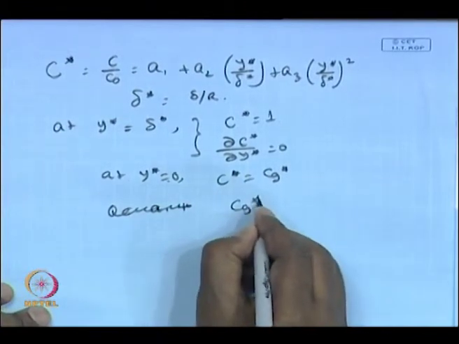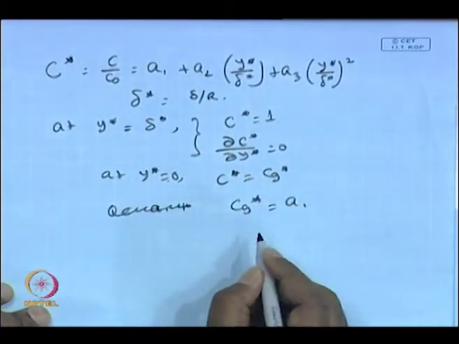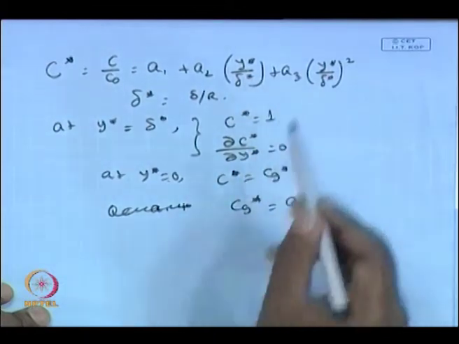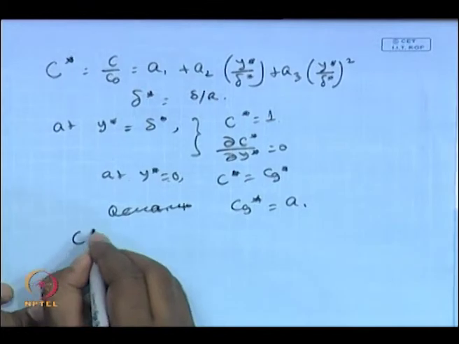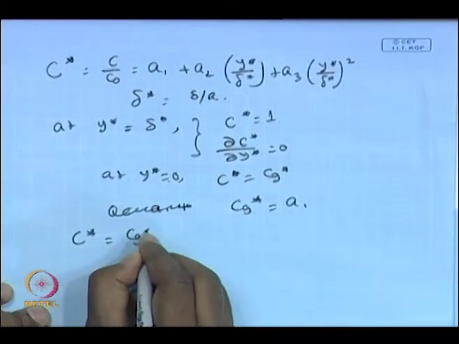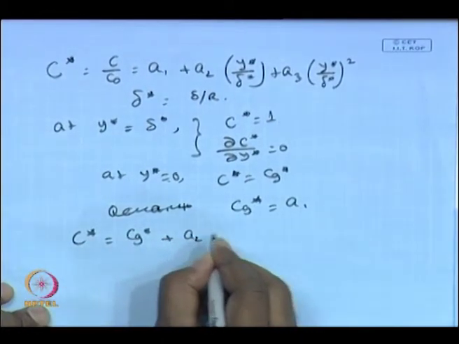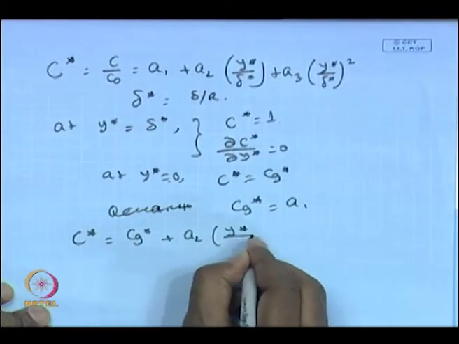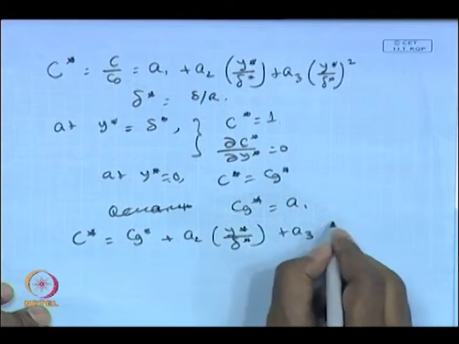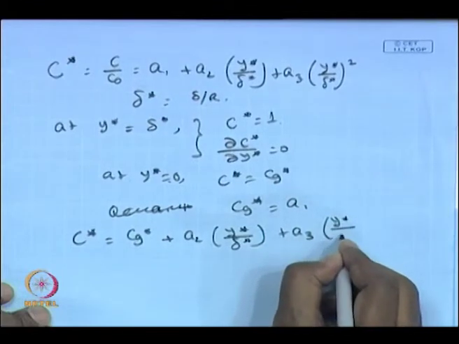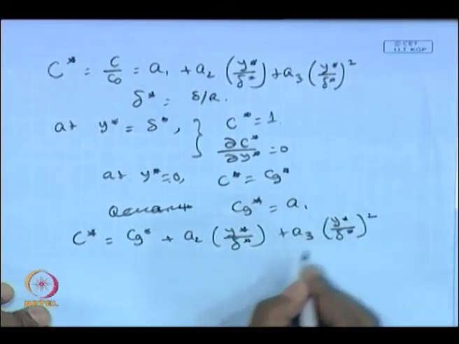So, Cg star is equal to A1. The next term is equal to 0, the third term is also equal to 0. So, C star is equal to Cg star plus A2 y star by del star plus A3 y star by del star square.